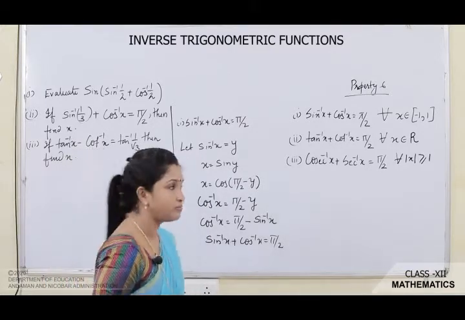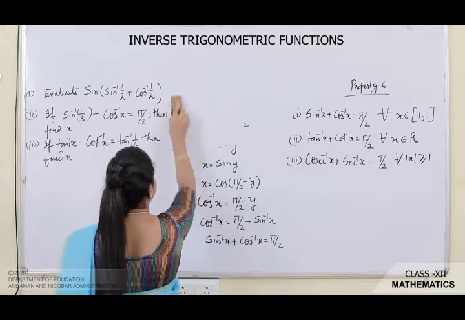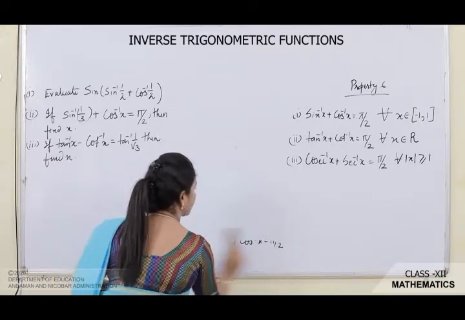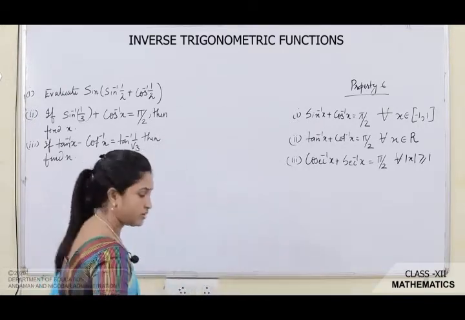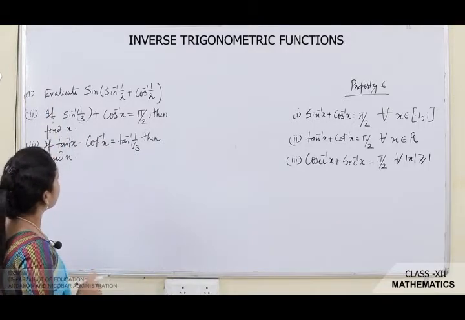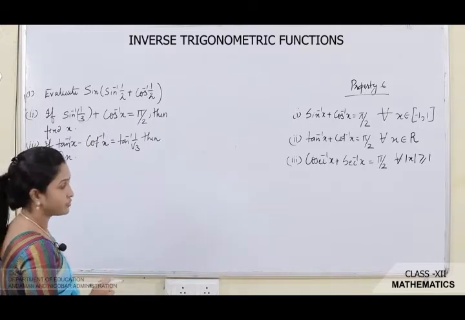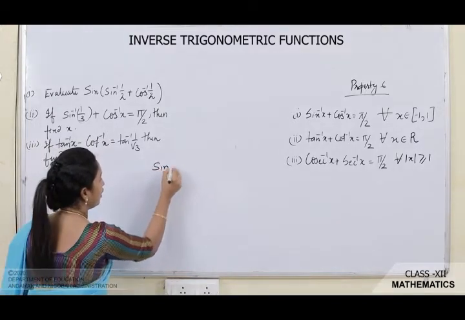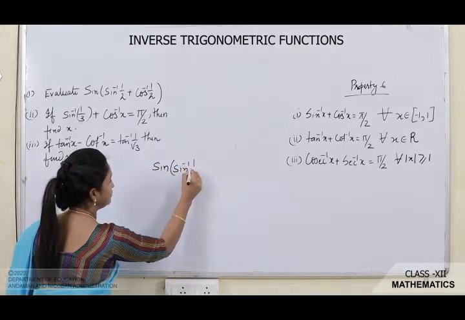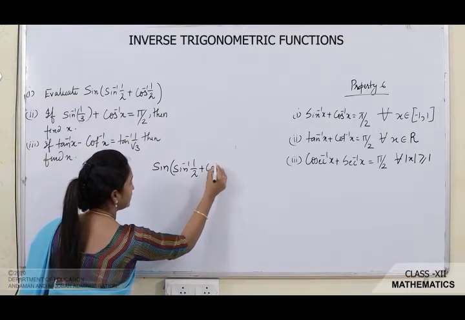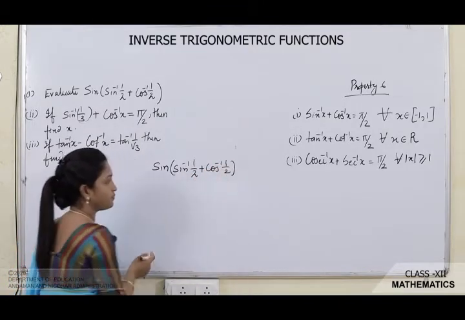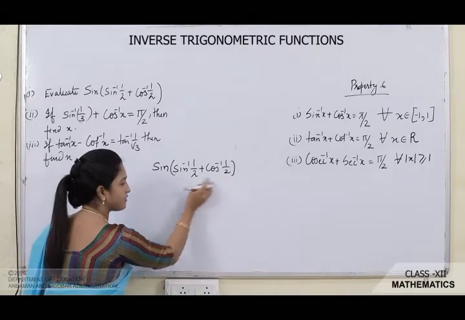Now we will see some questions based on these properties. See the first question. Evaluate sine of sin inverse half plus cos inverse half. Now when you see these two, it's a very simple question.